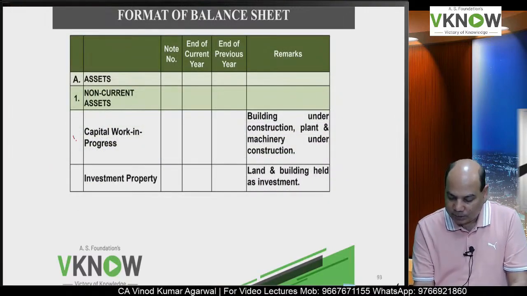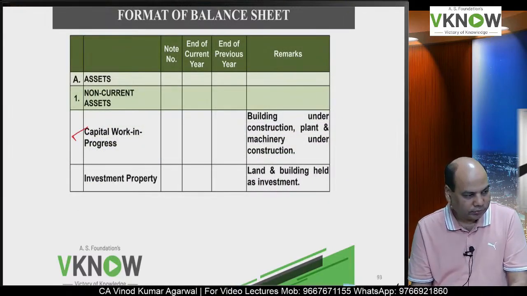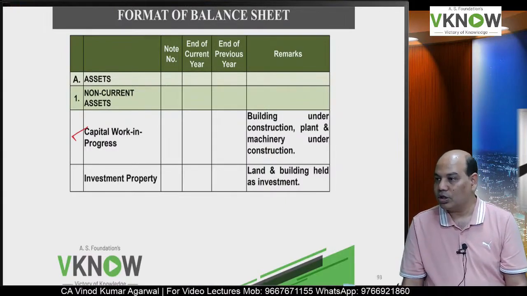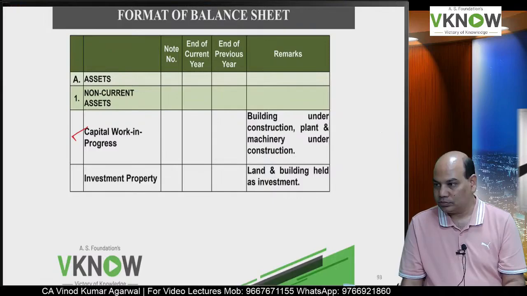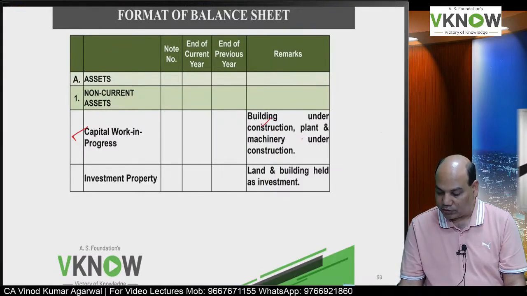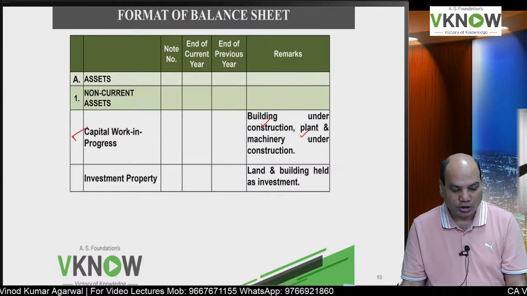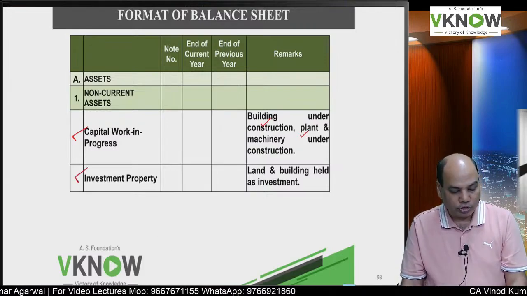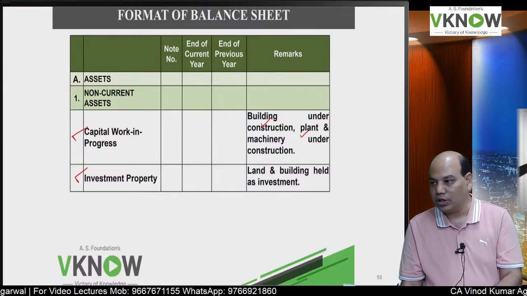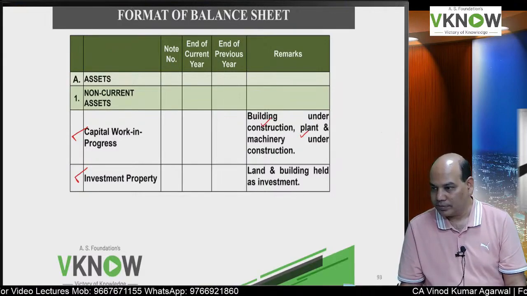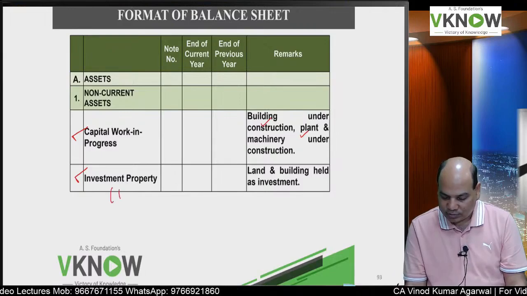Then next item is capital work in progress, which means those PPE item which are not yet ready for use. They are under construction, like building under construction, plant and machinery under construction. One more line item which was probably you have not studied in intermediate was investment property. There is a standard on that.